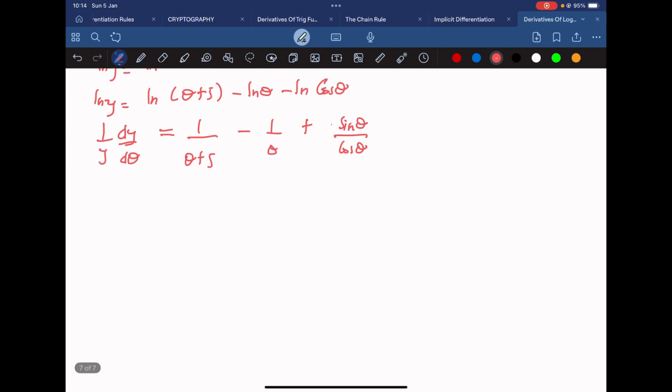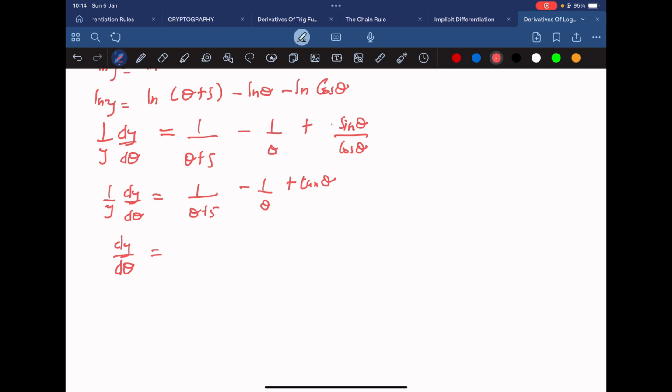So we have 1 over y dy d theta to be 1 over theta plus 5 minus 1 over theta, plus sine theta over cos theta, which is tan theta, remember. To find dy d theta, we have to multiply everything by y.